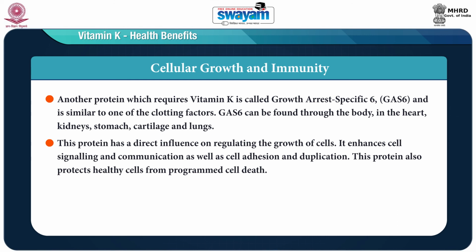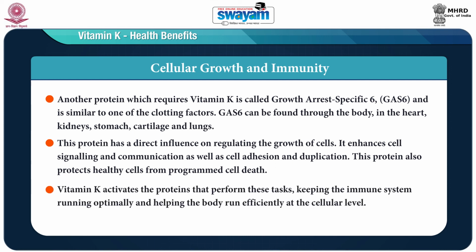It enhances cell signaling and communication, as well as cell adhesion and duplication. This protein also protects healthy cells from programmed cell death. Vitamin K activates the protein that performs all these tasks, thereby keeping the immune system running optimally and helping the body run efficiently at the cellular level.